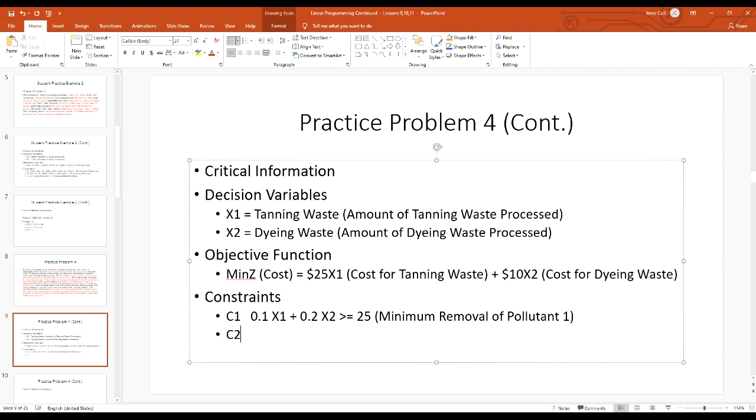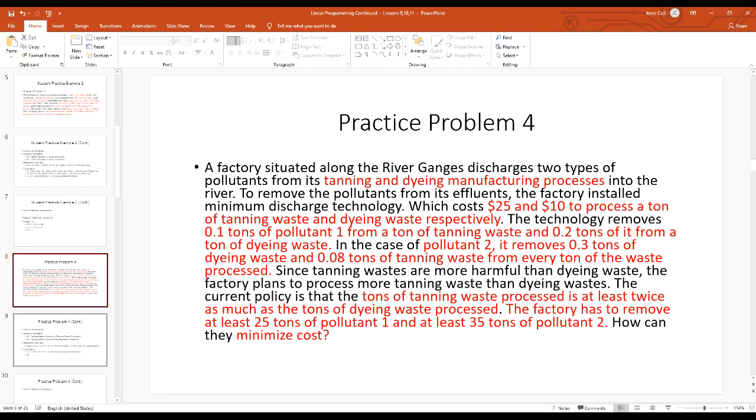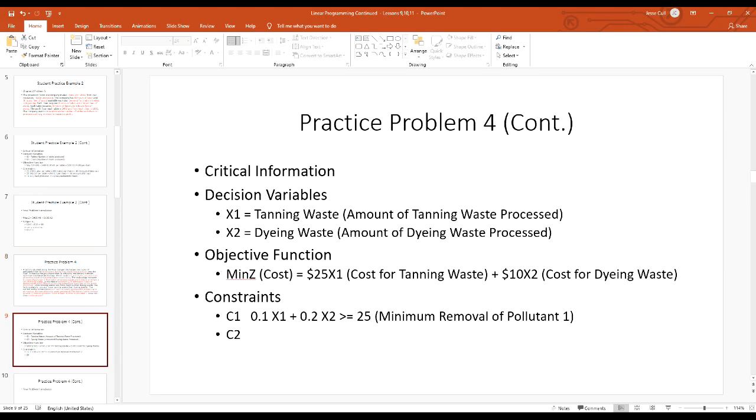Our second constraint, C2. We have 0.3 tons of dyeing waste, 0.08 tons of tanning waste, and this is pollutant 2. So we repeat the same process, but reversed because we're given it in the reverse order.